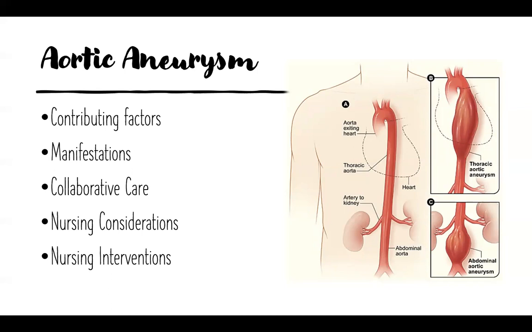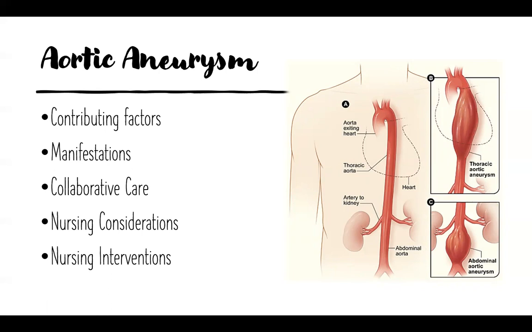Now, aortic aneurysm. When we think about aortic aneurysm, we are thinking of a local distension of the aortic artery wall, okay? And so it's usually thoracic or abdominal.